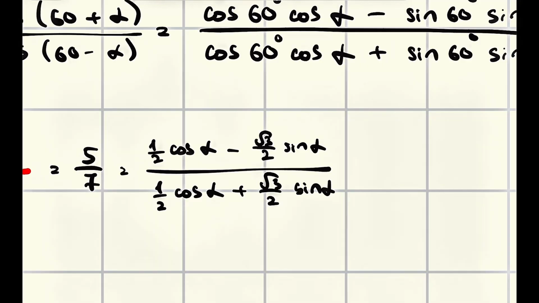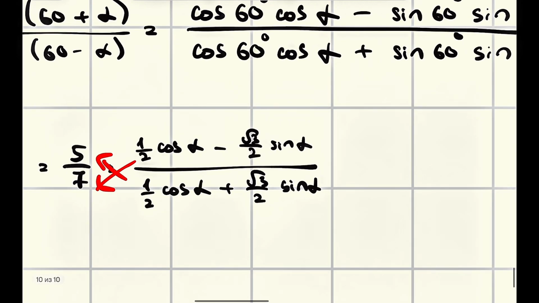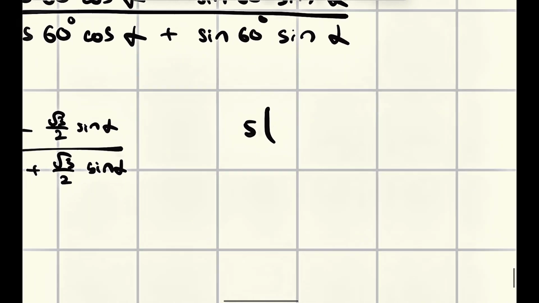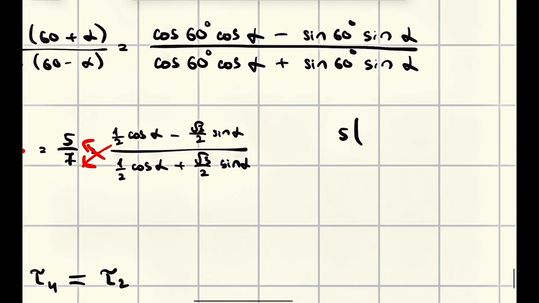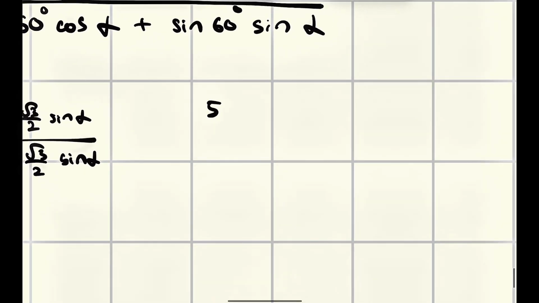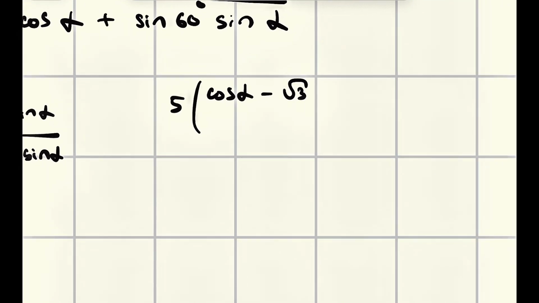If I multiply this thing in, it's cosine alpha minus square root 3 sine alpha divided by 2, and we can just move the 2 outside the brackets. This thing is going to be 5 divided by 2.